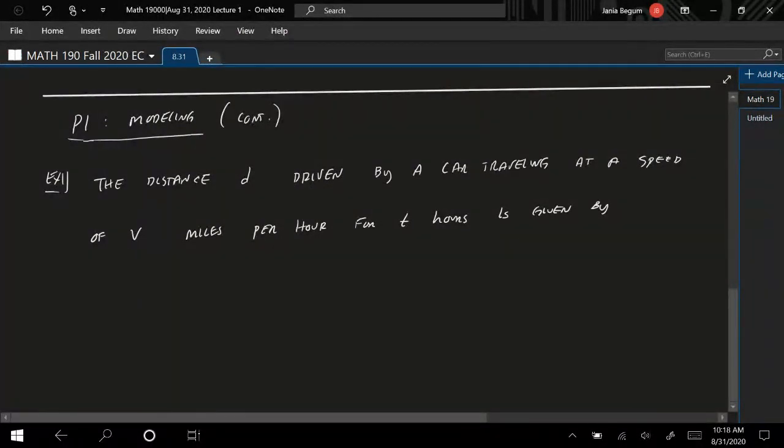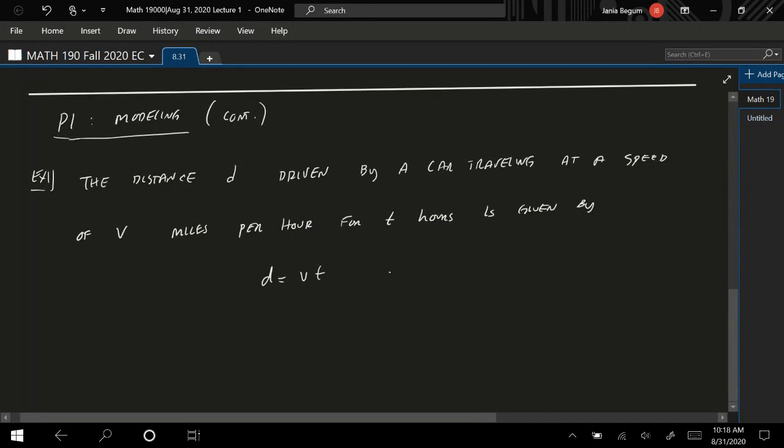So if you remember, distance is equal to the speed times time. You might have seen this earlier in your studies, or you might have seen your speed is equal to distance over time, right? It's just manipulating one formula to get the other.